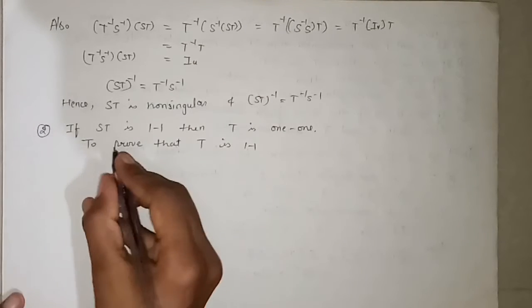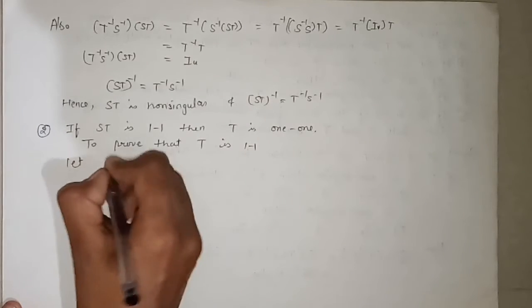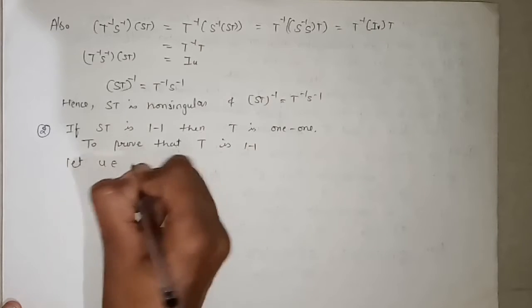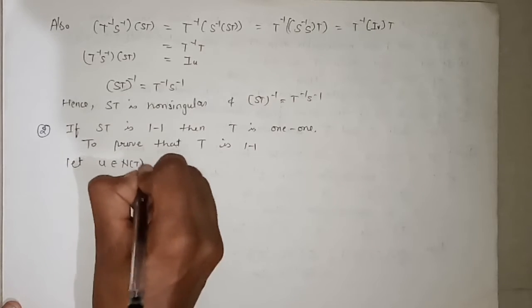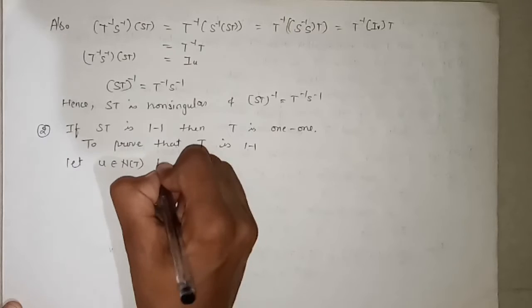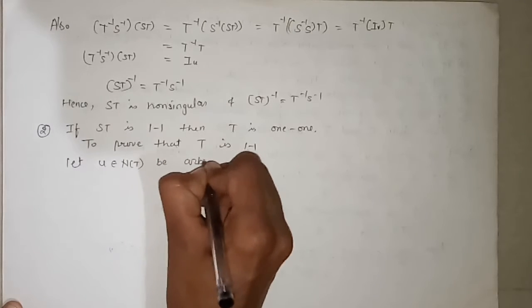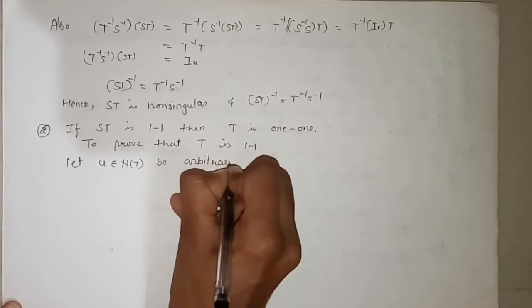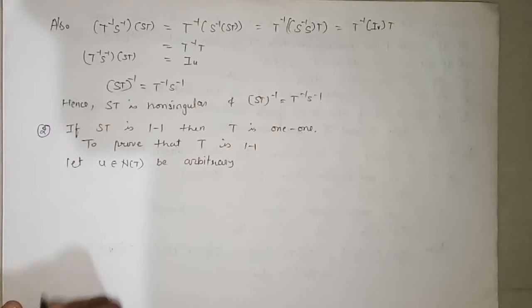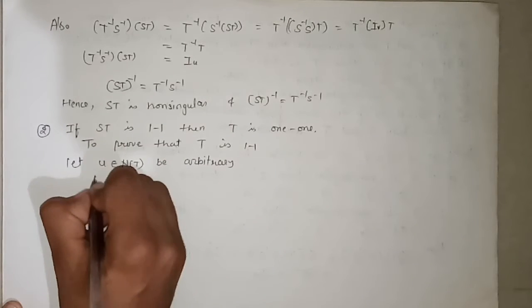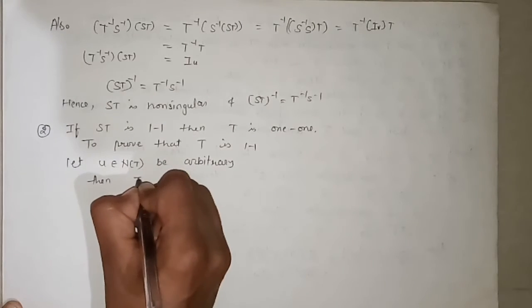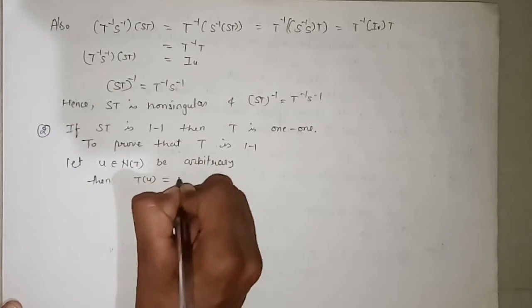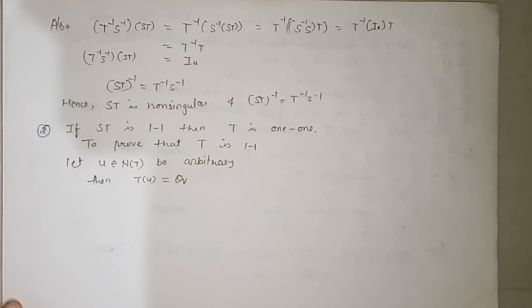So let u be any arbitrary element of the nullity of T. If u belongs to the nullity of T, then T of u is obviously theta V, or we can say the 0 element.